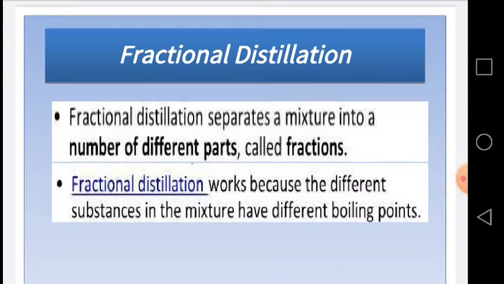Fractional distillation separates a mixture into a number of different parts called fractions. And fractional distillation works because the different substances in the mixture have different boiling points. So I hope you have understood these two points.